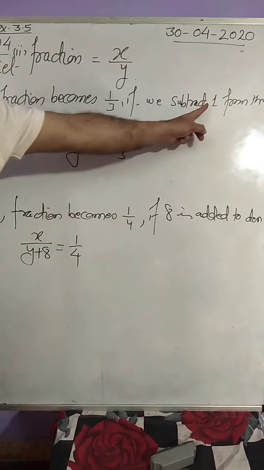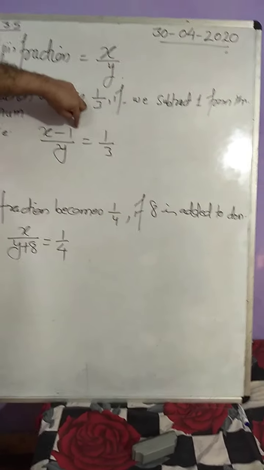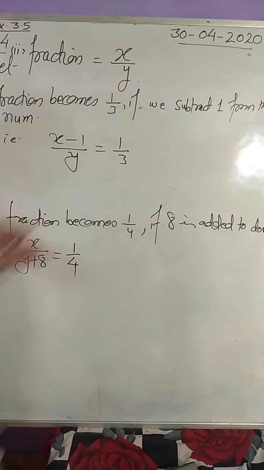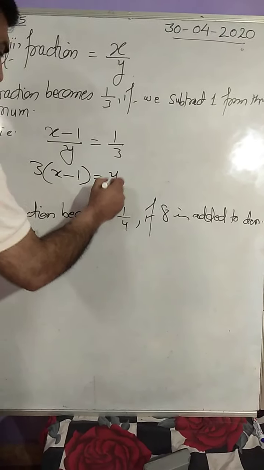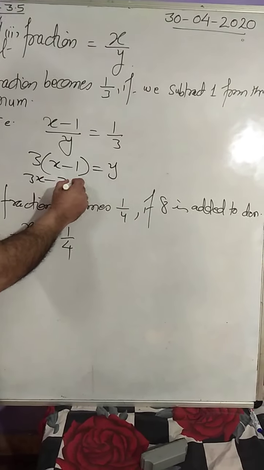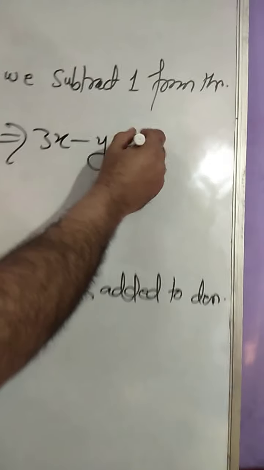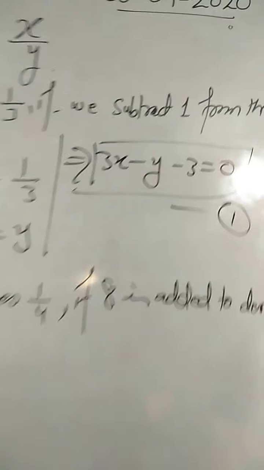The numerator was x, now it is x minus 1, so x minus 1 over y equals 1 over 3. Now you know what to do: cross multiply. We get the first equation, 3x minus 3 equals y, so 3x minus y minus 3 equals 0.